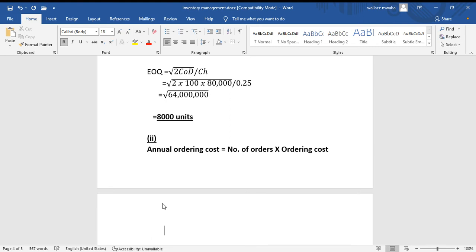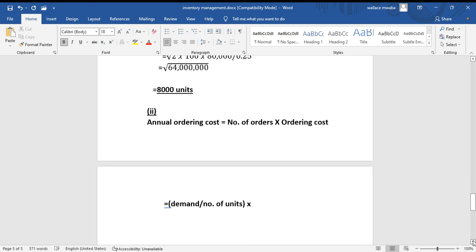The number of orders is the annual demand, which is 80,000, divided by the number of units you order. We are ordering 8,000 units, and our demand is 80,000 tabs per year. So we're going to say 80,000 divided by 8,000.